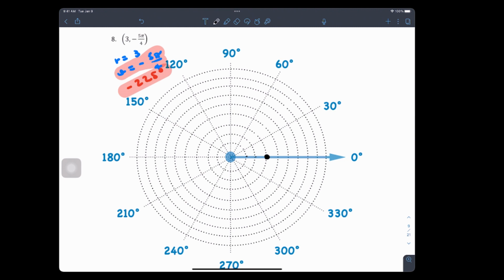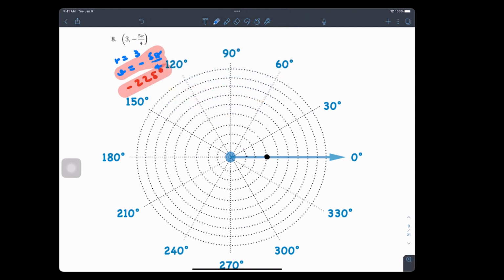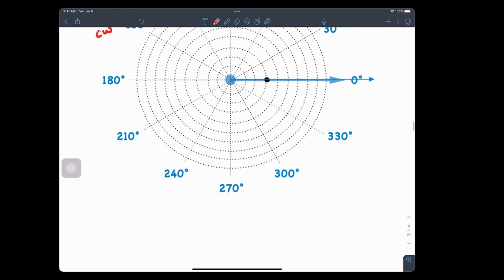So here's your radius 3. We've got to rotate this negative 225 degrees, right? So if it's negative, what kind of rotation again? It's clockwise rotation. So what that means now is I have to go, okay, negative 225.